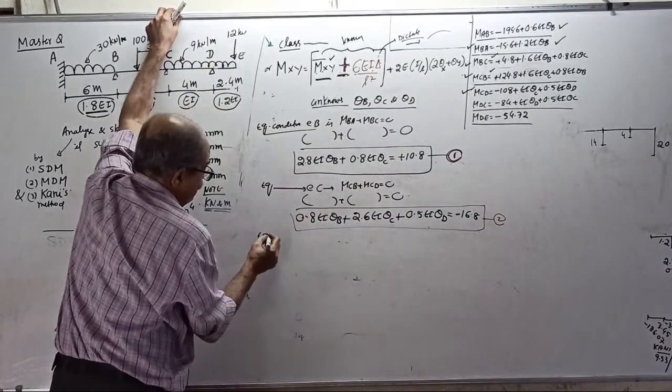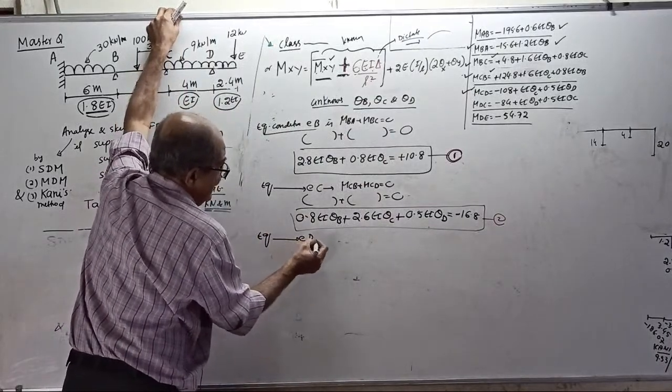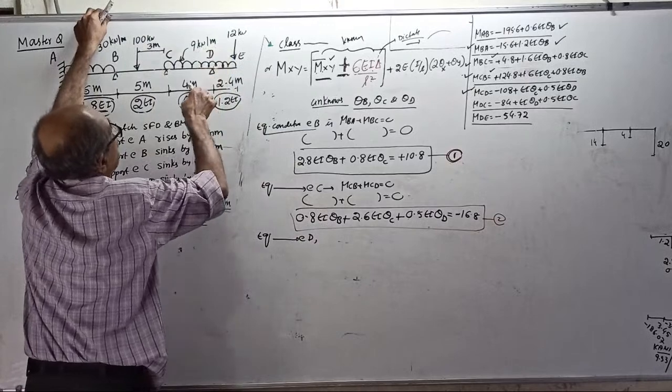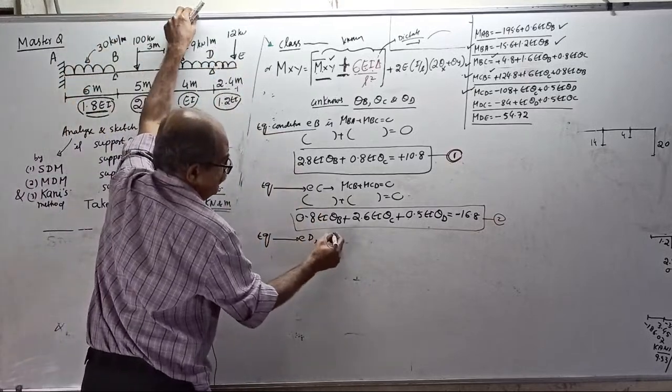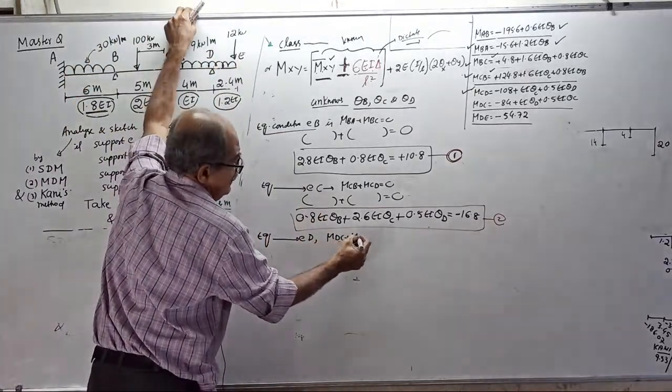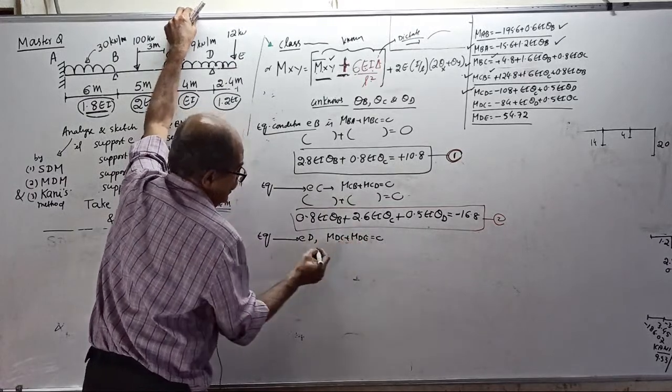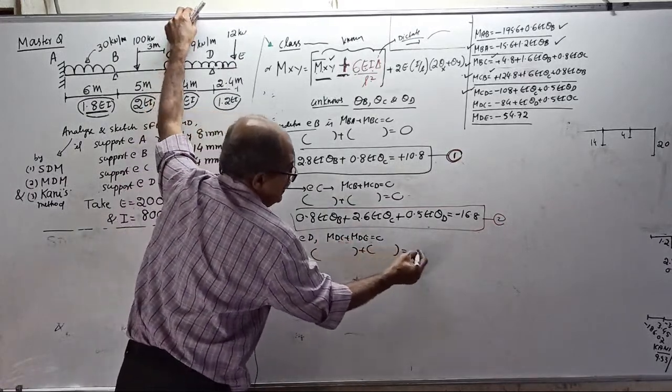Lastly, unknown at D. Equilibrium condition at D is MDC plus MDE equal to 0. Substitute both of them, equate to 0.